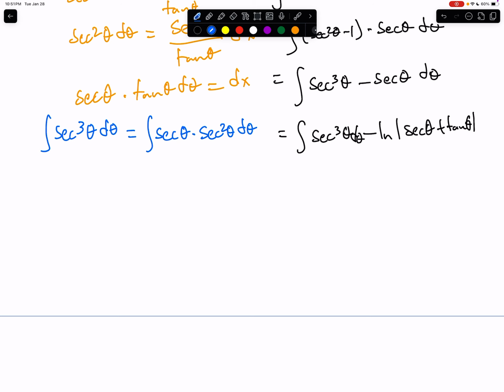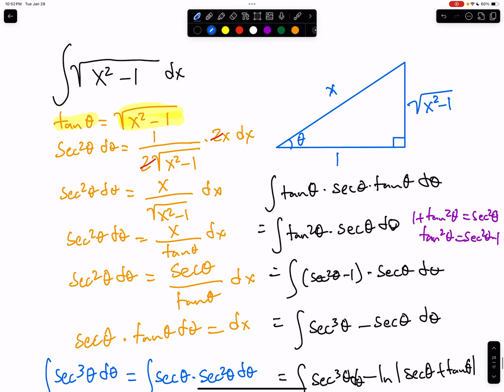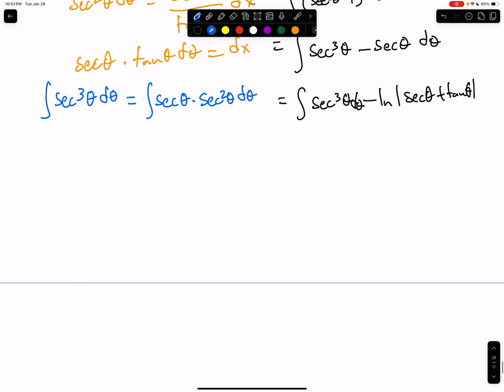So I'm going to let u here. Did we use u here? We didn't use u. I just want to be consistent. I'm going to let u equal secant of theta, and then dv equal secant squared of theta d theta. Then du will equal secant of theta tangent of theta d theta.